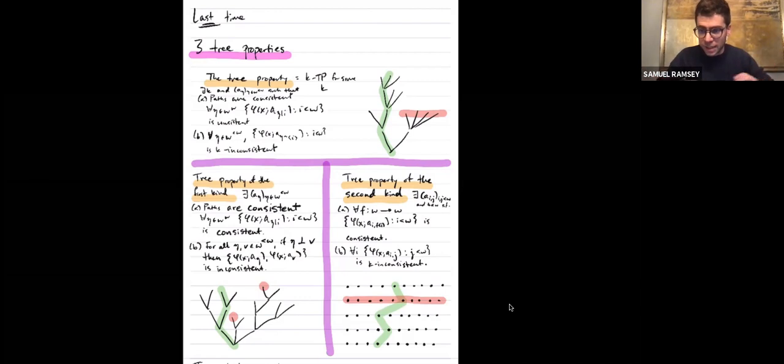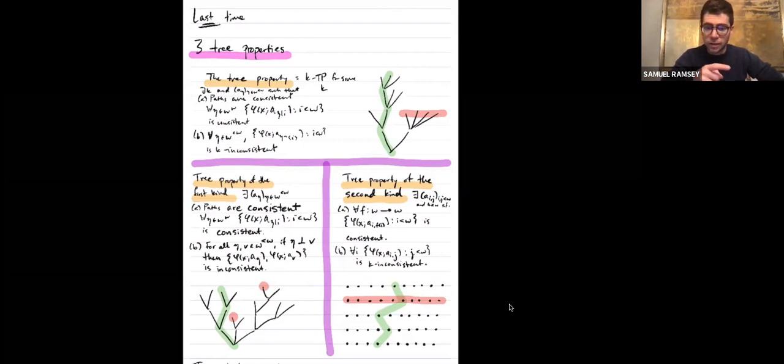The way I formalize that is, if I take a function, and I imagine this function is picking something out of each row, then plugging the choice from the first row and the choice from the second row and the choice from the third row and so forth into the formula gives me a consistent partial type.